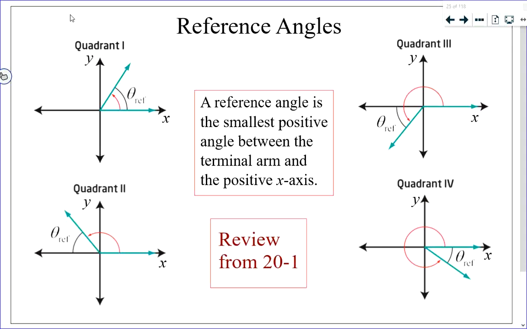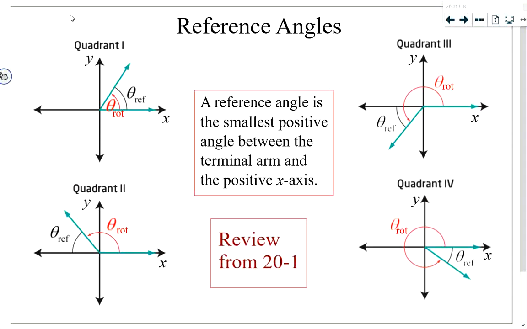Those red arcs are rotation angles. And there's a distinct difference between a rotation angle and a reference angle. And one of the things, depending on how you do certain problems, that you may need to know is the relationship between the reference and rotation angles in each of these cases.